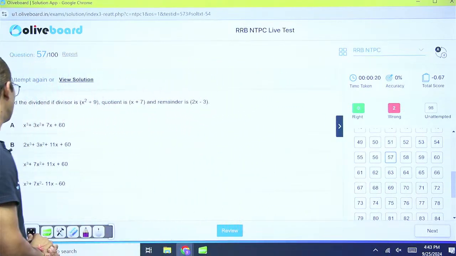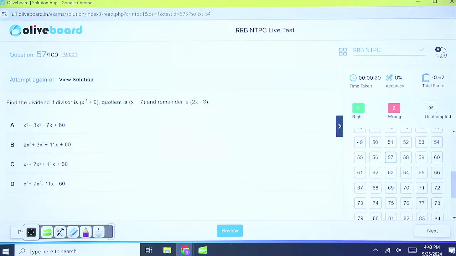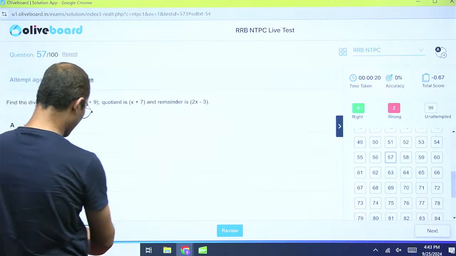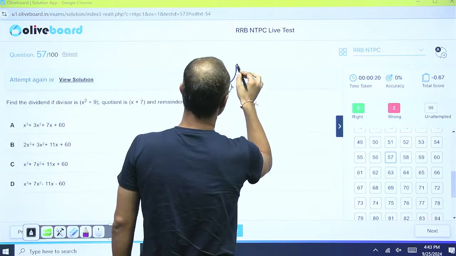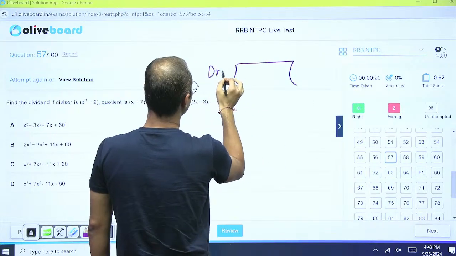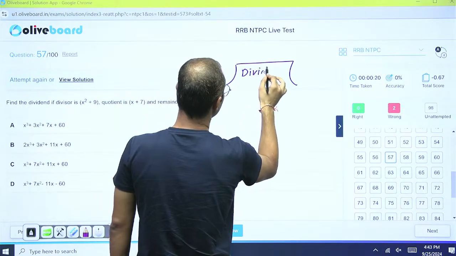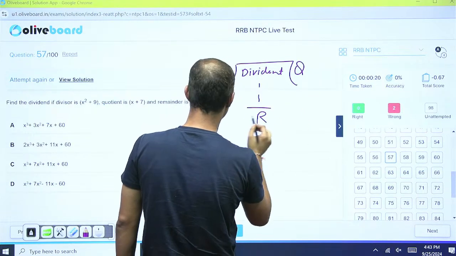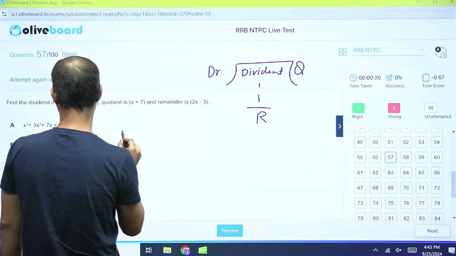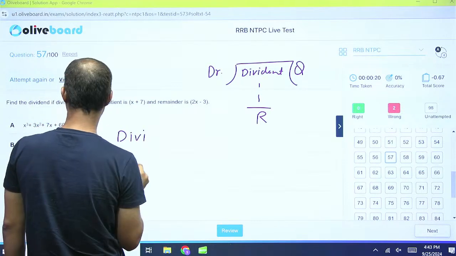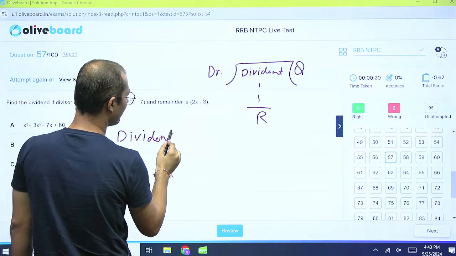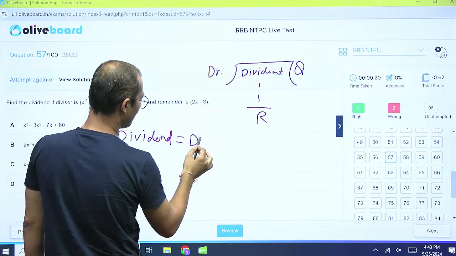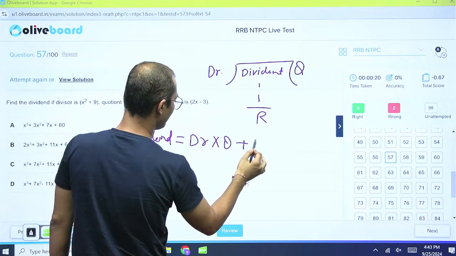Find the dividend if the divisor is x square plus 9, quotient is x plus 7 and remainder is 2x minus 3. So we know what the dividend and divisor are. So this is the divisor, this is the dividend, this is the quotient and this is the remainder. If we have to calculate the dividend, the dividend is always equal to divisor into quotient plus remainder.